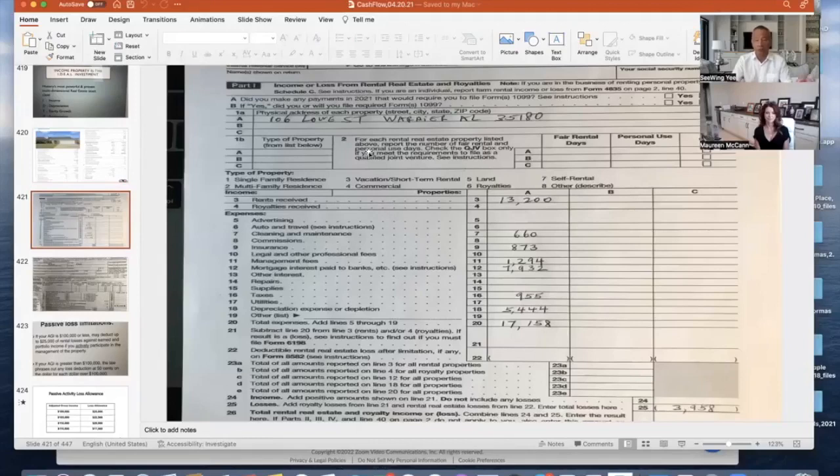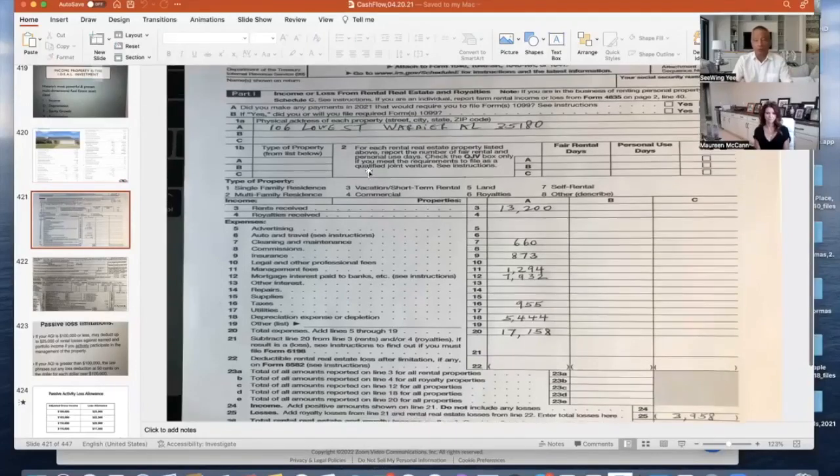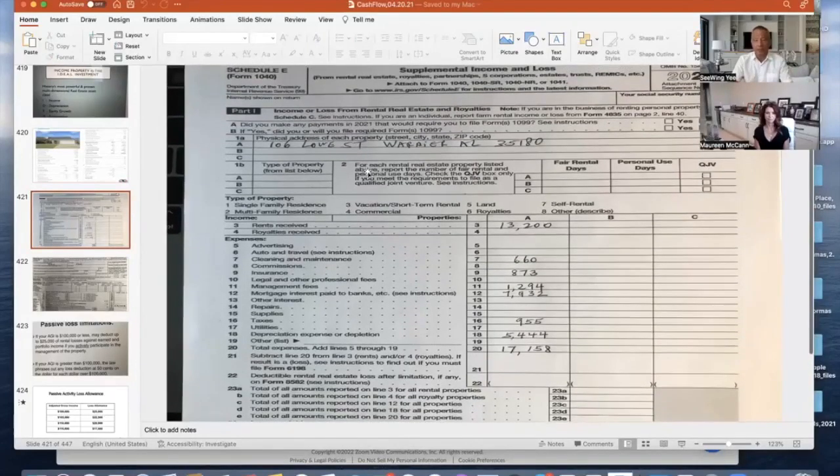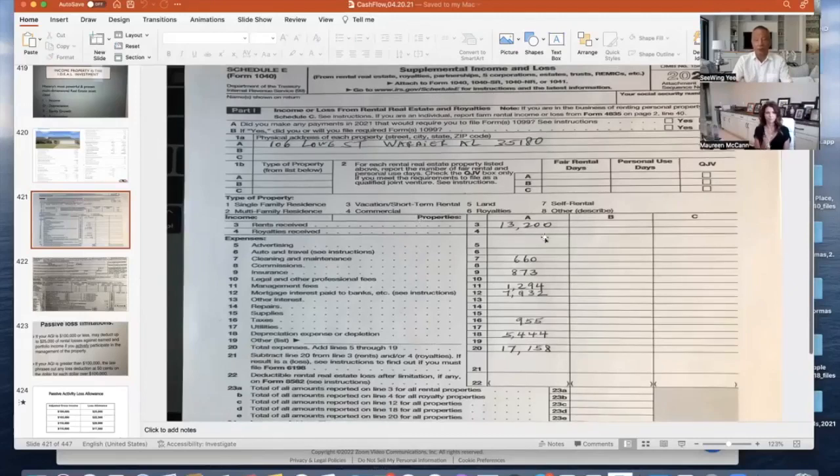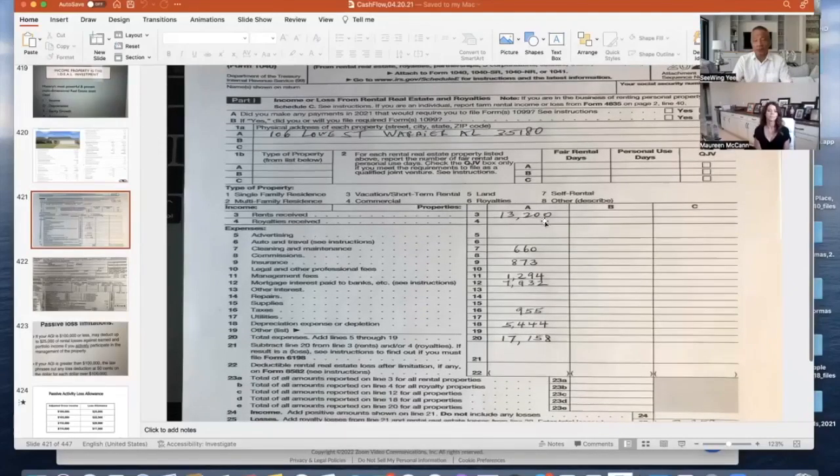We just plug the numbers from that real property in here, as you can see. Each year you file a Schedule E, which is the rental tax schedule, supplemental income and loss. Annual gross rent before deduction is 13,200.